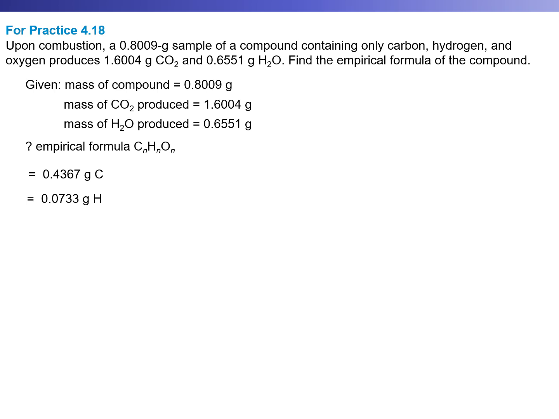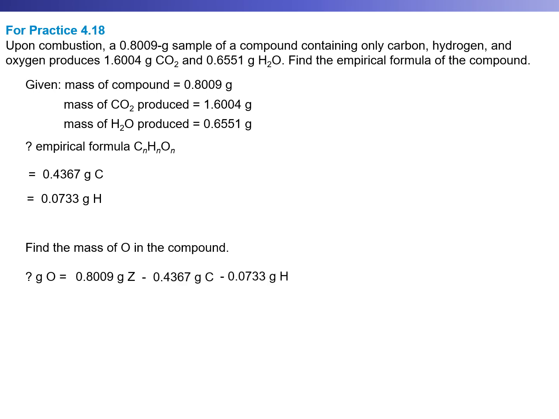So we can take our compound and back out the mass of carbon and the mass of hydrogen and figure out how much oxygen we have. So we're going to find the mass of oxygen in the compound, and we're going to take the mass of our compound, which I'm just arbitrarily calling Z, I don't know what it is yet, and we're going to subtract the mass of the carbon, and we're going to subtract the mass of the hydrogen, and that's going to give us 0.2909 grams of oxygen.